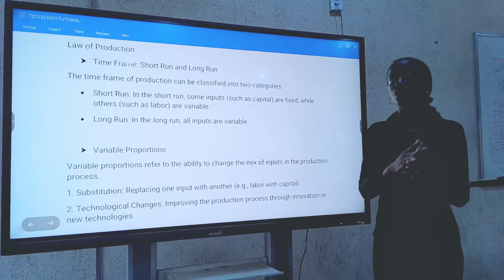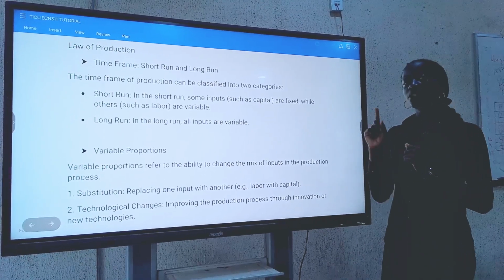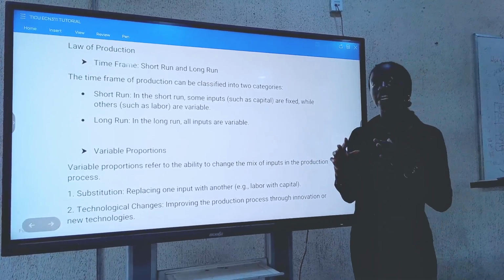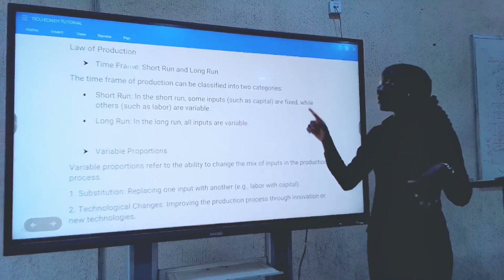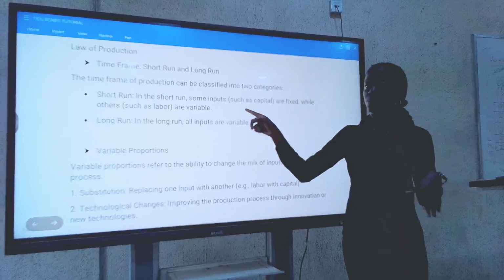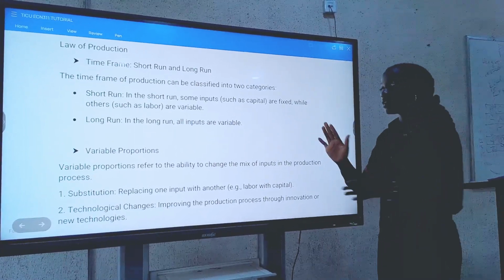Short run is a situation where there is at least one fixed input and then other inputs are variable.